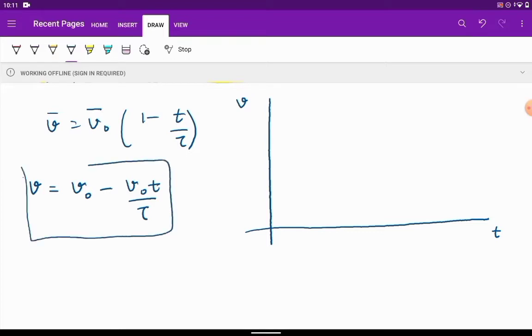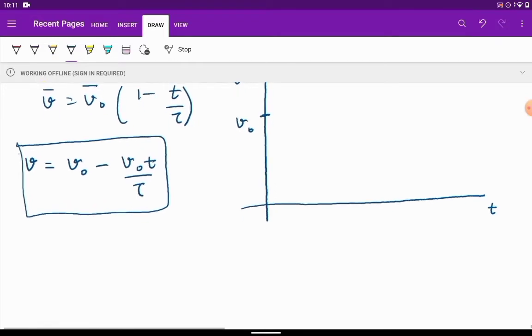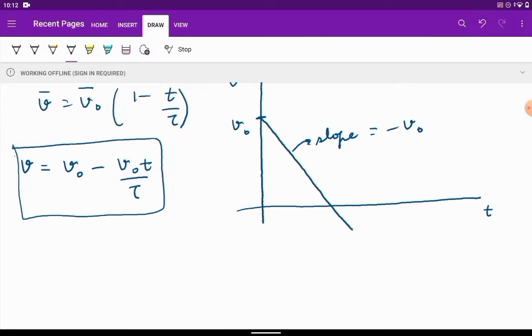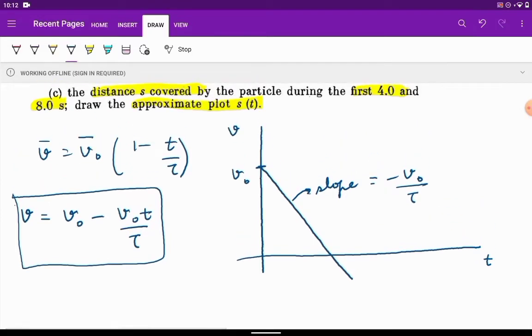This is what you have as the magnitude of the velocity. So initially at t equal to 0 it starts at v naught and it keeps decreasing linearly. And the slope is, very clearly, minus v naught by tau. Okay, so this is basically the velocity versus time curve.